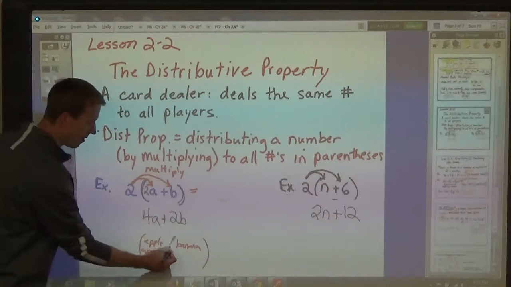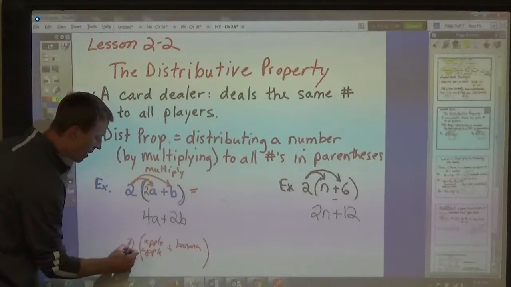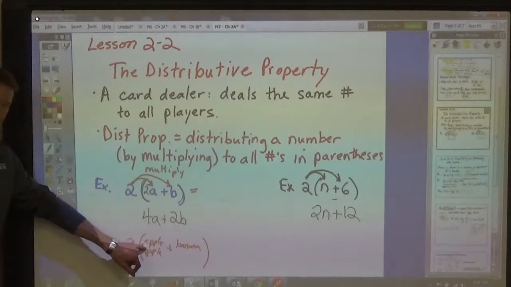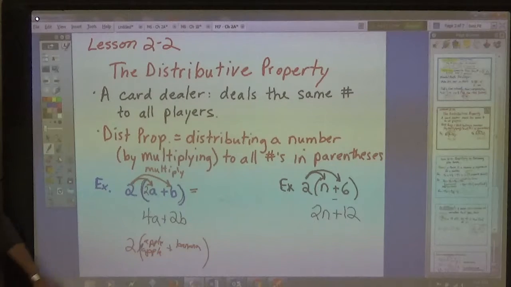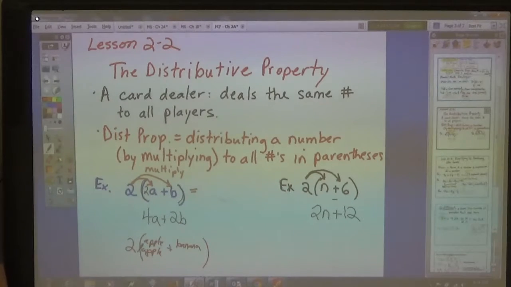And so you've got these, and if you multiply this amount by 2, then how many apples do you have? You have 4 apples, and how many bananas? 2. Okay.